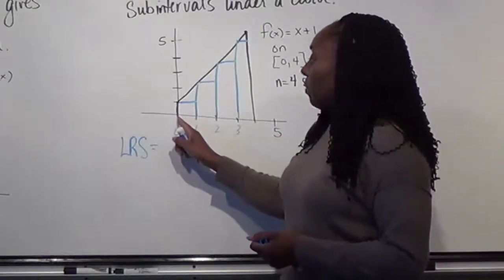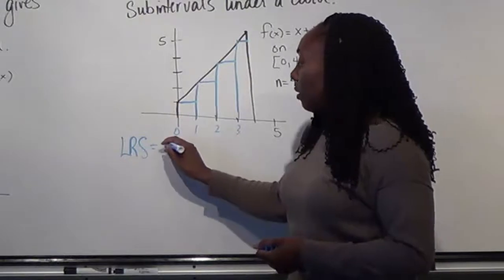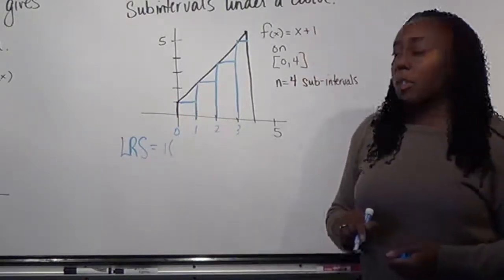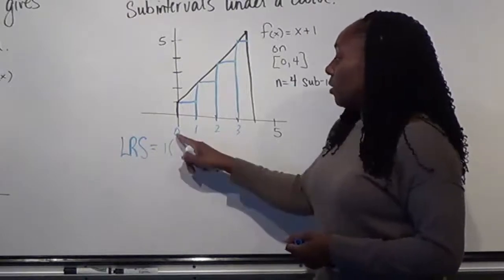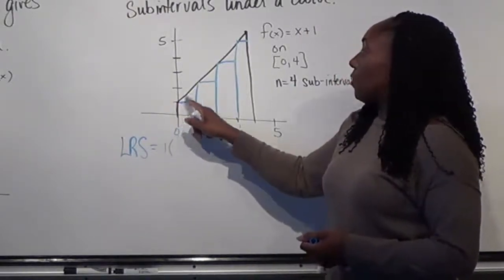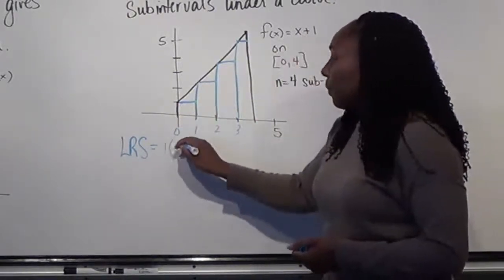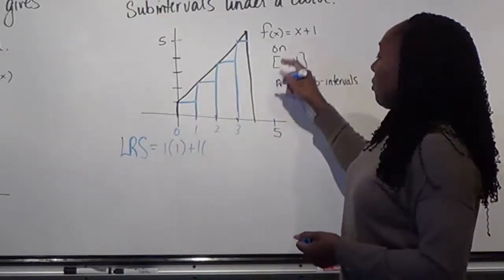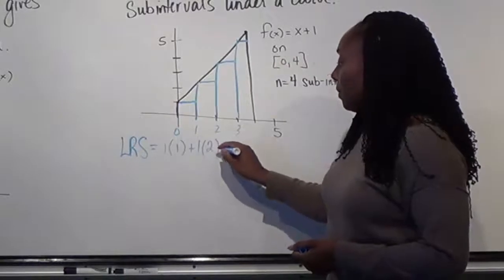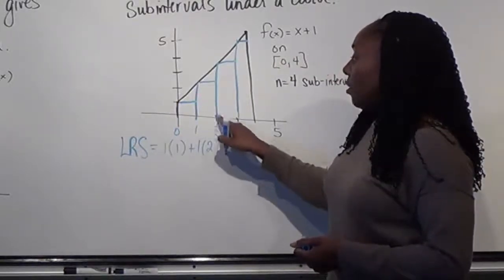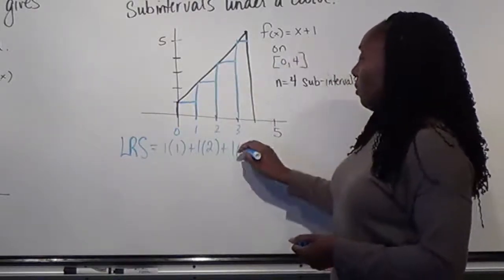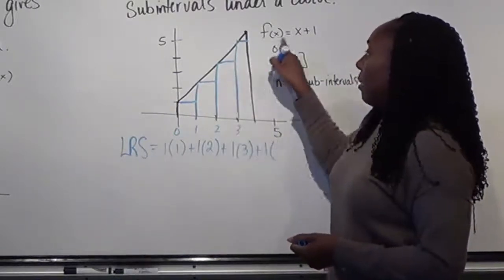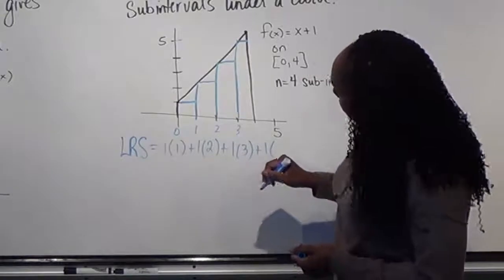So for each one, I can see the length is going to be 1 unit, and the height is going to be the height of the function at that left-hand endpoint. So at 0, my function value is 1. At 1, I can see my function value is going to be 2. At 2, my function value is going to be 3, and at 3 my function value will be 4.